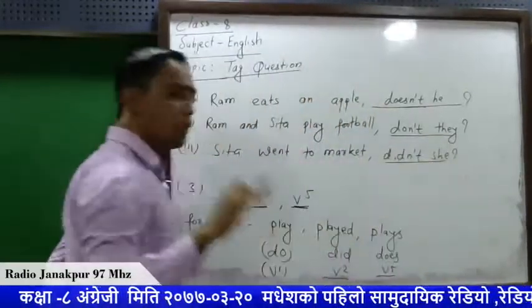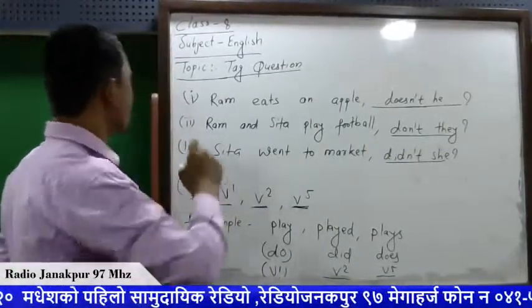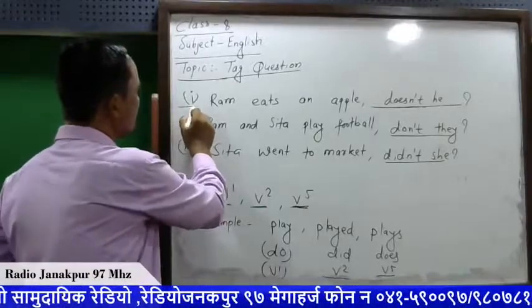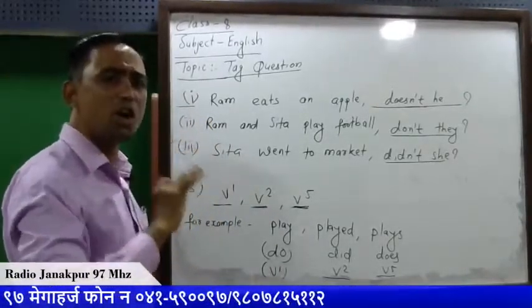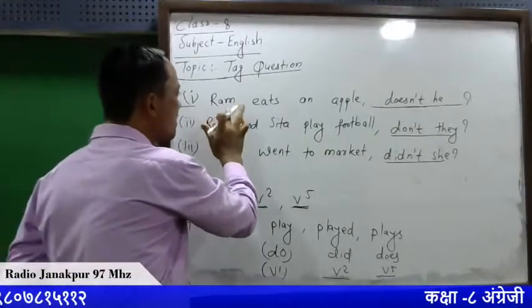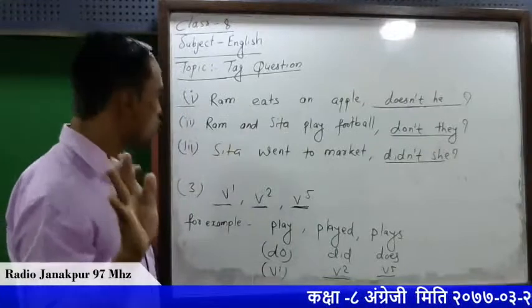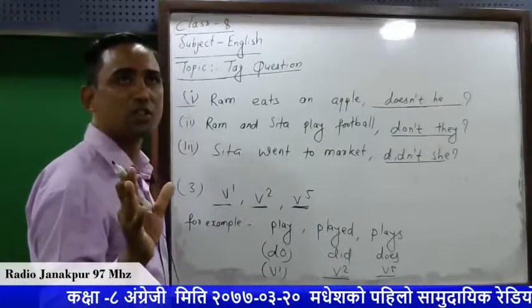Now we have three statements on the board. The first statement, Ram eats an apple, doesn't have any auxiliary verb. Do you see any auxiliary verb in this sentence? No. So what verb is here? We have to find out first.